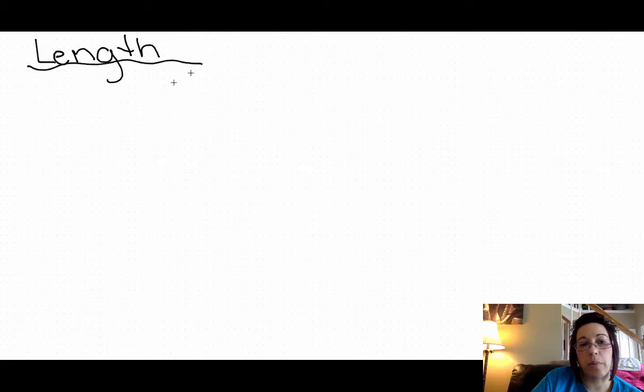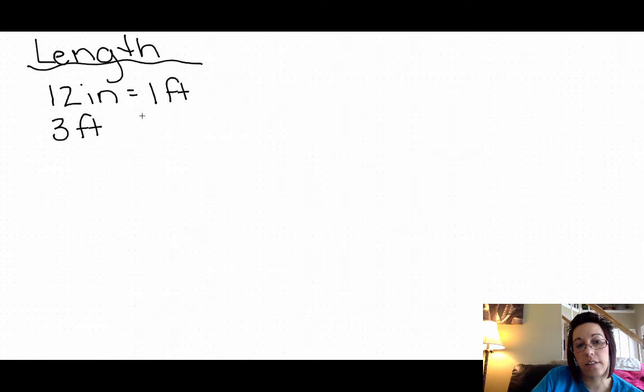Okay, for customary measures, we're going to go ahead and start with length. If you'll go ahead and get your notes set up for length. Important things to remember with length is that there are 12 inches in 1 foot, 3 feet equals 1 yard.